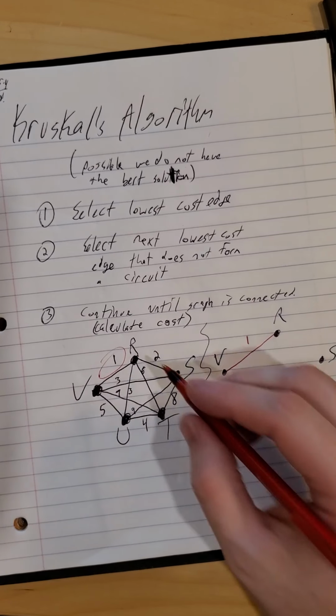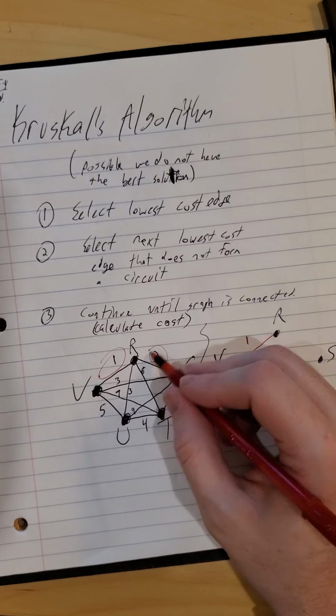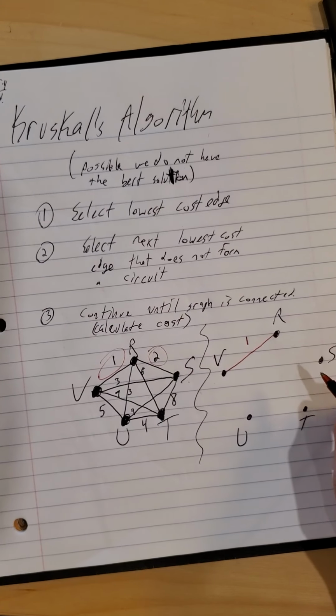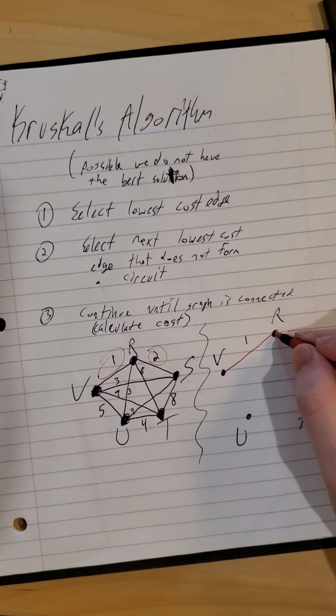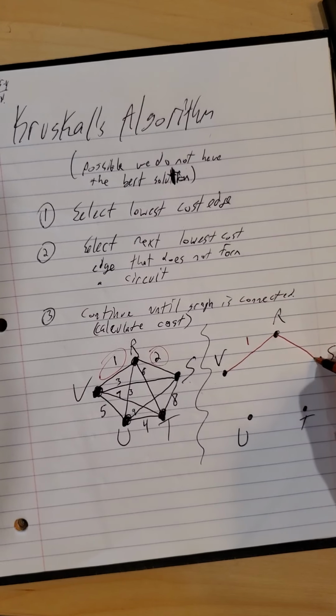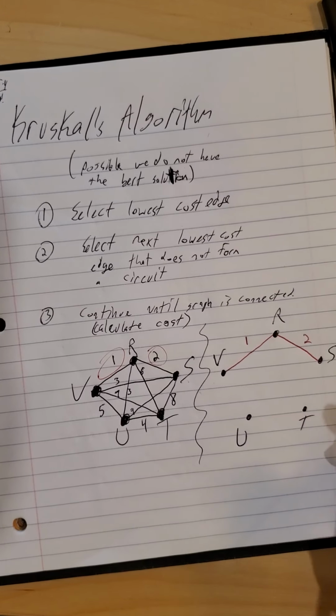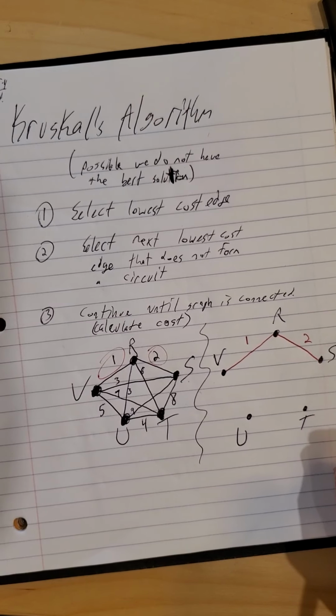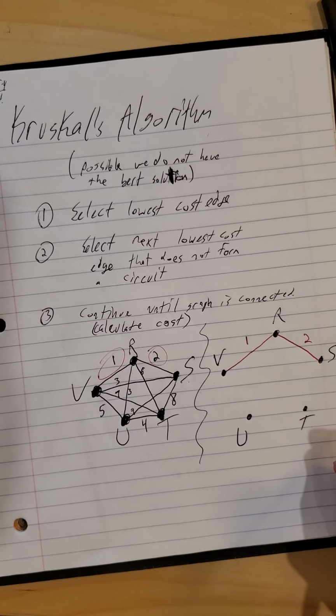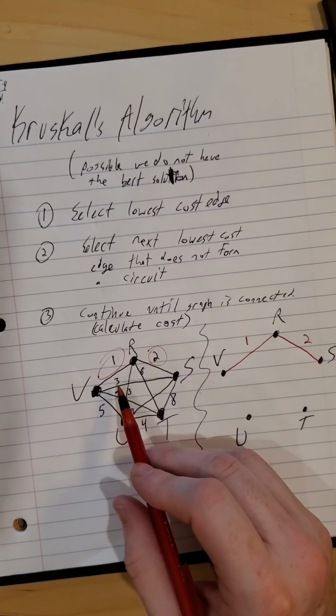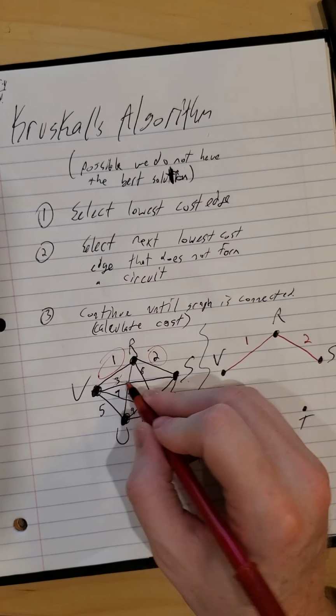After that, I have a cost of 2, and it doesn't make a circuit, so I can use it. Then I look for the next lowest cost, and notice there's a couple that have a cost of 3. There's one I will use, one I definitely wouldn't touch. I definitely don't want this 3.